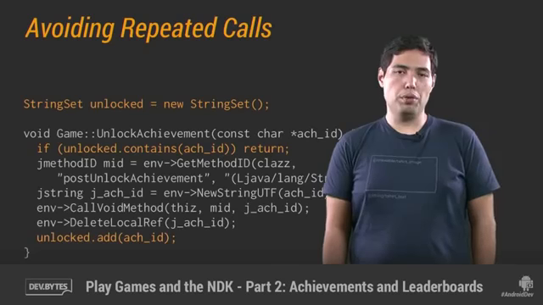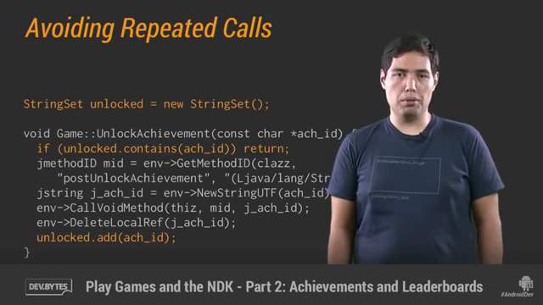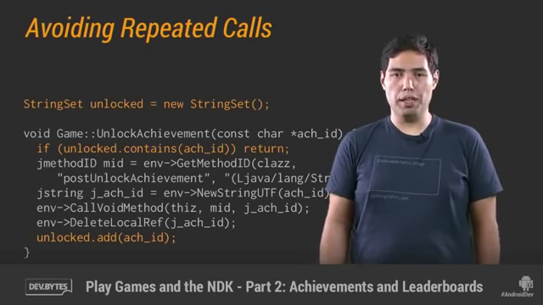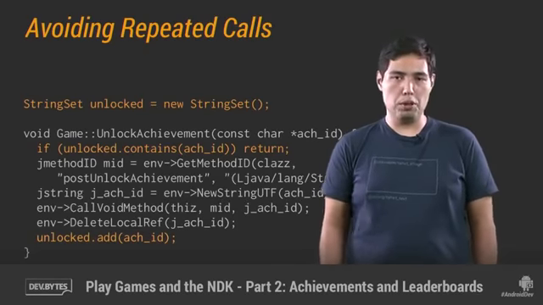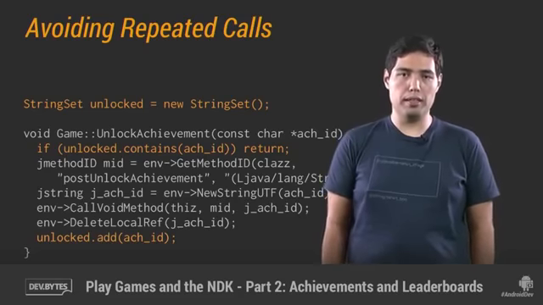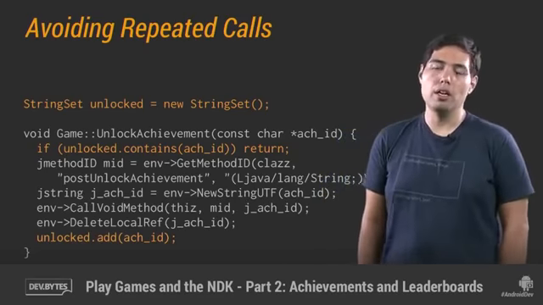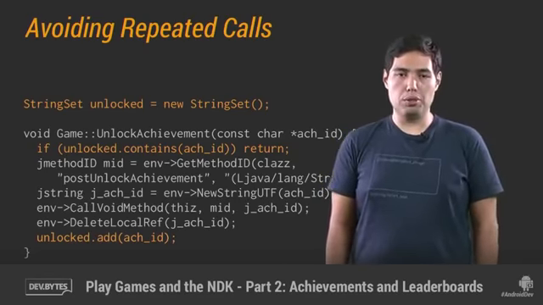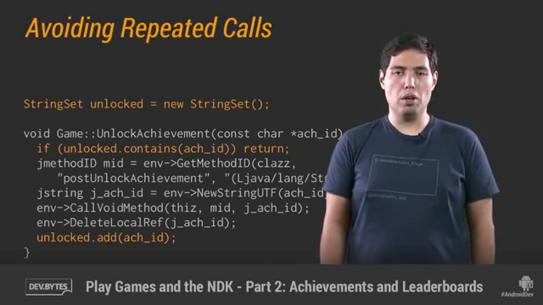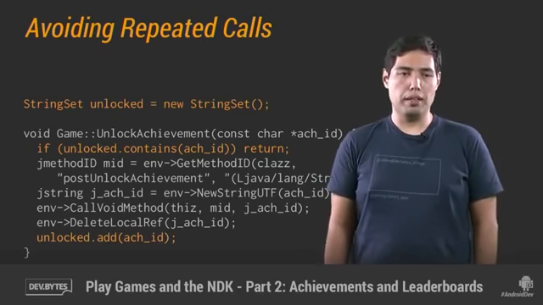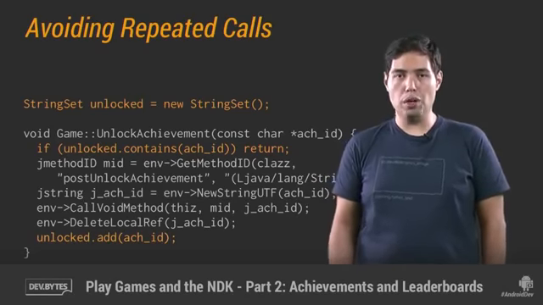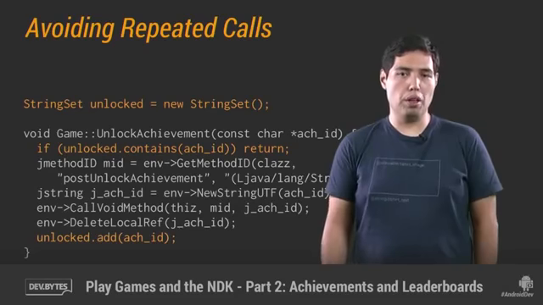Also, you might want to avoid repeated calls because JNI calls are somewhat expensive. So if you're running a tight game loop and you are calling unlock achievement all the time, you probably want to avoid that overhead. One thing that you can do is keep a dictionary on the native side that tells you which achievements you have unlocked and which ones you don't know if you have unlocked or not.